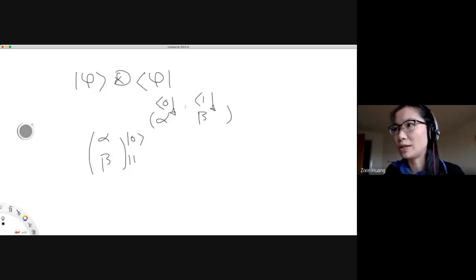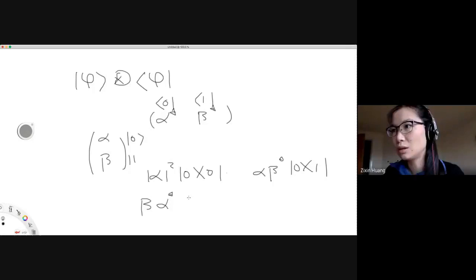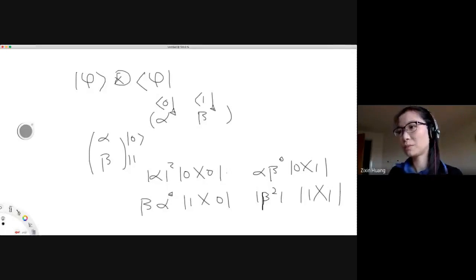So the components, if I write this out properly, would have alpha squared 00, alpha beta conjugate 01, beta alpha conjugate 10, and beta squared 11.